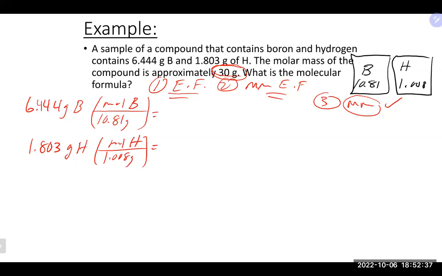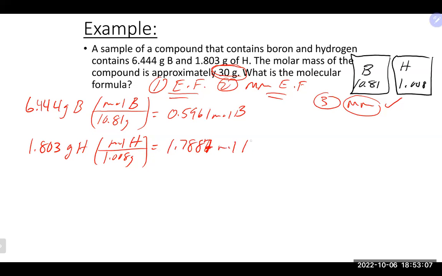So that will get us our moles. 6.444 divided by 10.81 gets us 0.5961 moles of boron, and for our hydrogen, 1.7886 moles of hydrogen.